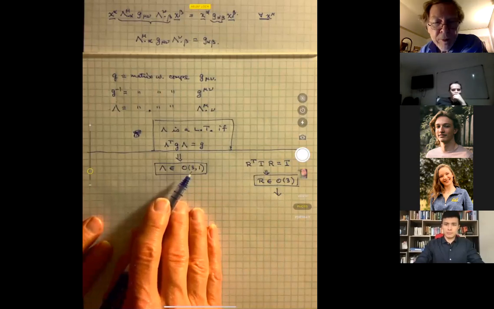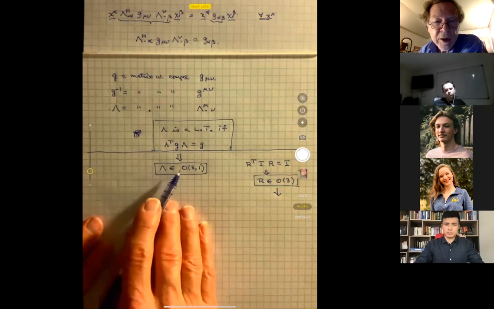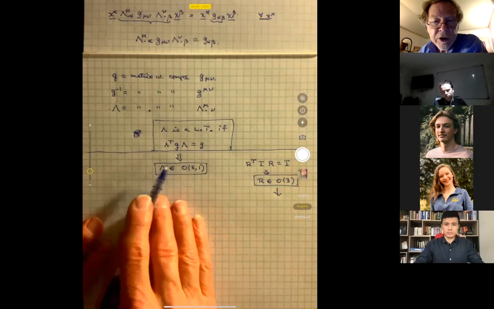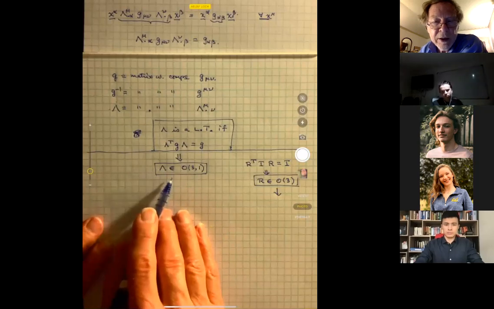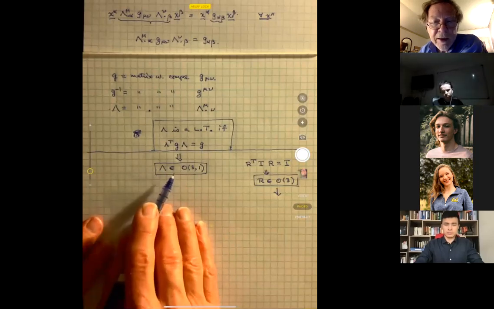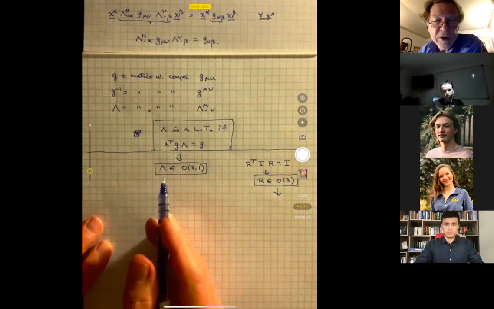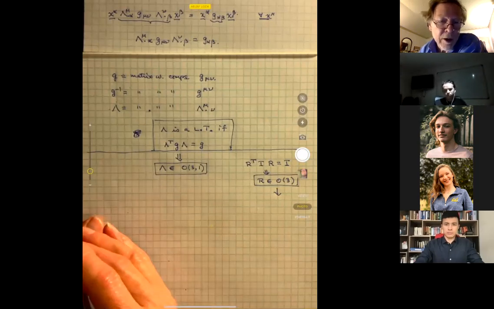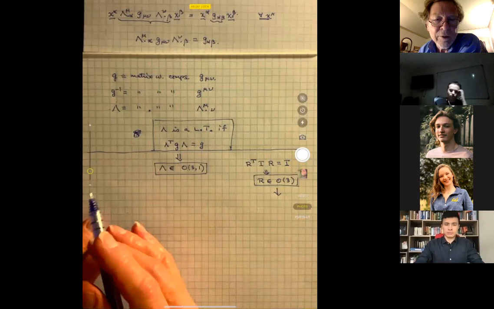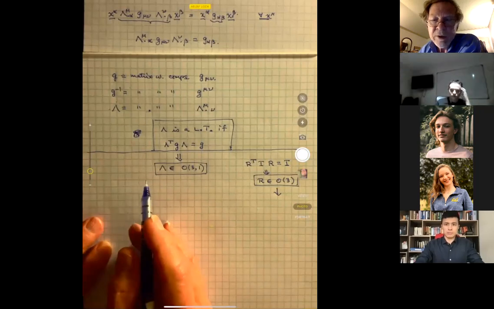All possible combinations give us 4 different components to the group O3, 1. In other words, the discrete symmetries of parity and time reversal are contained in this definition of a Lorentz transformation. Having done that, I'm going to split the discrete symmetries off, and we'll be left with what we'll call proper Lorentz transformations, and most of our effort will be focused on those.